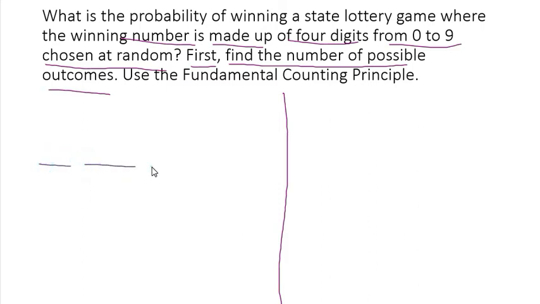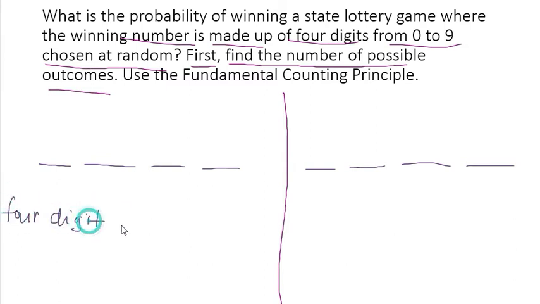Let's write down 4 lines. The 4 lines will represent the 4 digits, if this problem is talking about a 4-digit number, with the consideration of the first digit. Therefore, it will be like this.